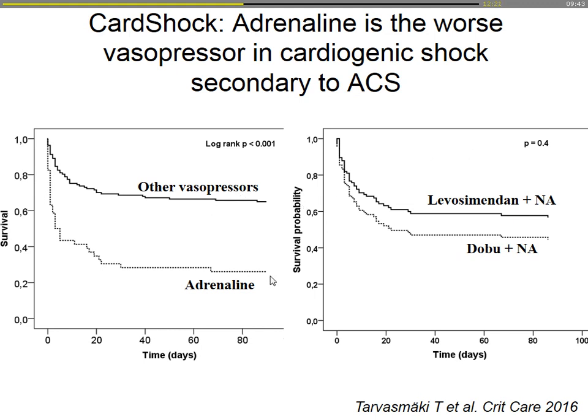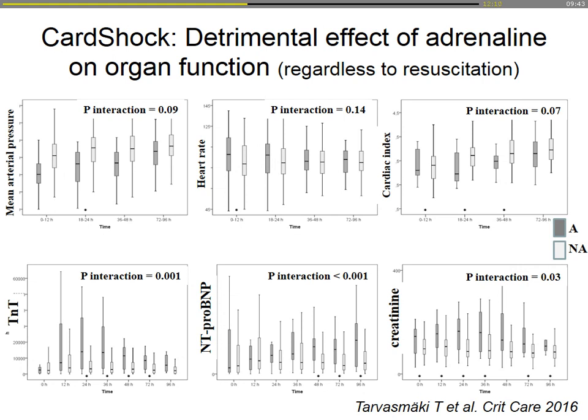But indeed, one can criticize, they are not the same patients, the indications are not the same, propensity matching doesn't help understanding all this. And then we used the biomarkers to try to understand why epinephrine is so harmful. And in this slide, you can see first here the hemodynamic comparison over 5 days between epinephrine in dark and norepinephrine in light.